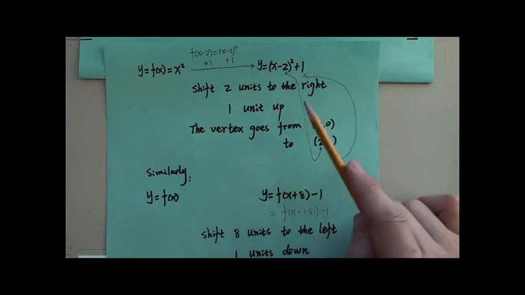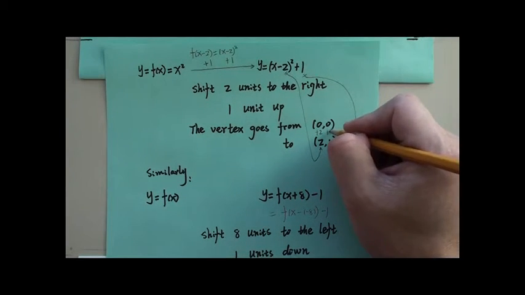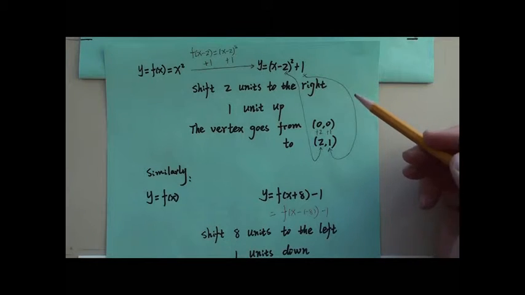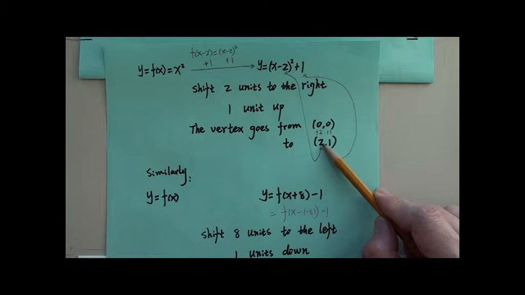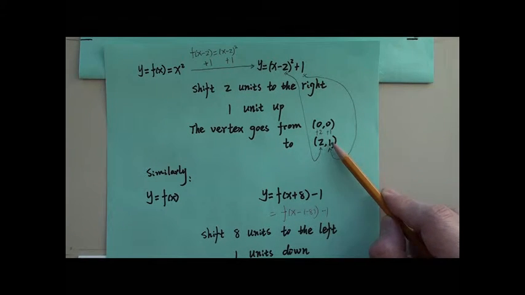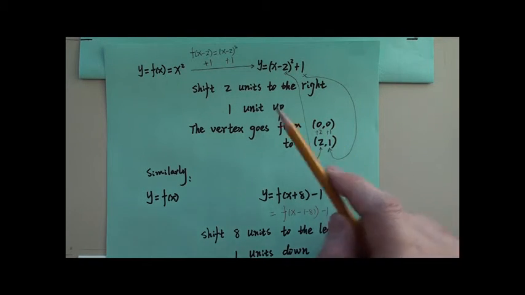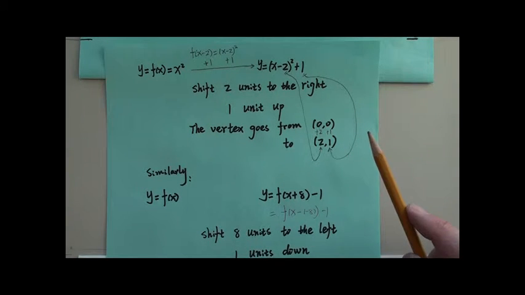And then 1 unit up, you add 1 on y, because going up and down is the y direction. So 0 plus 2 gives you 2, and 0 plus 1 gives you 1. So the vertex goes from originally 0, 0 to 2, 1.